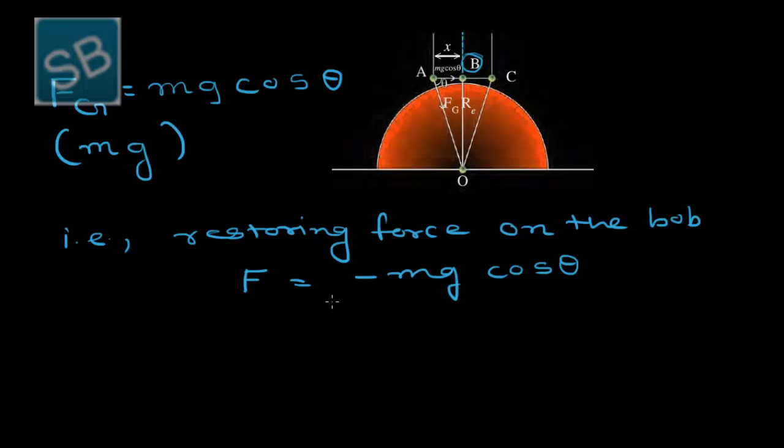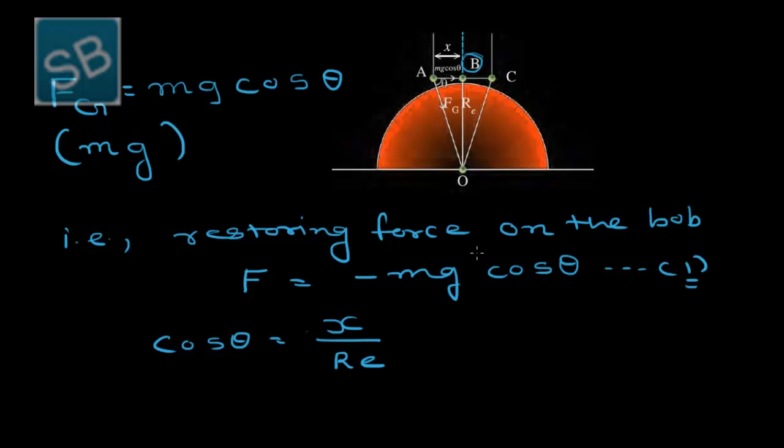I am giving this as equation number 1. From the figure, the value of cos theta is horizontal arm and vertical arm division. So it is x over Re. Here Re is the radius of the earth.